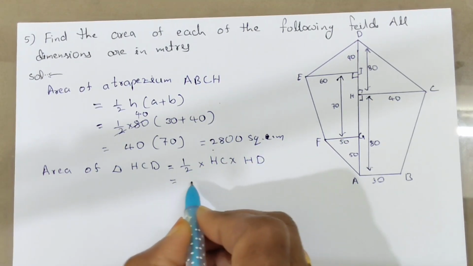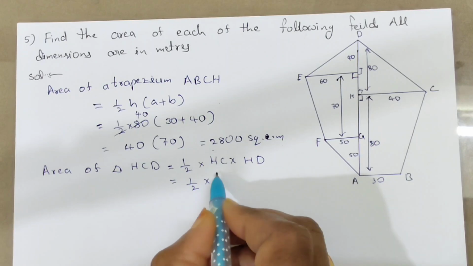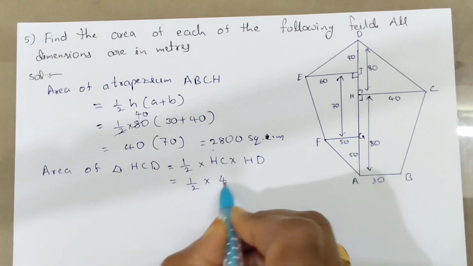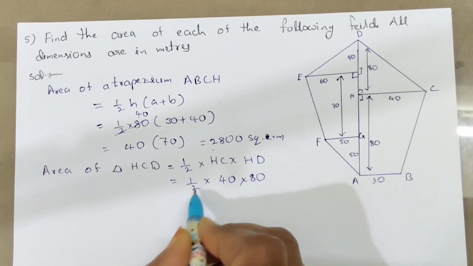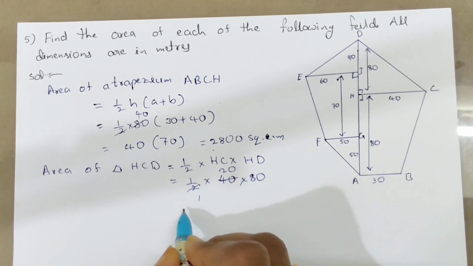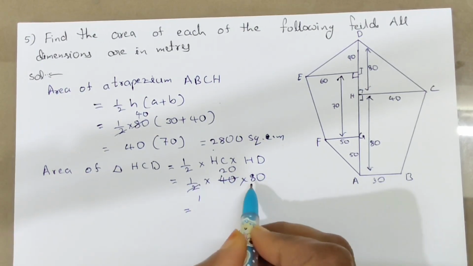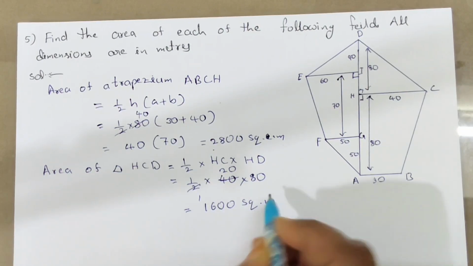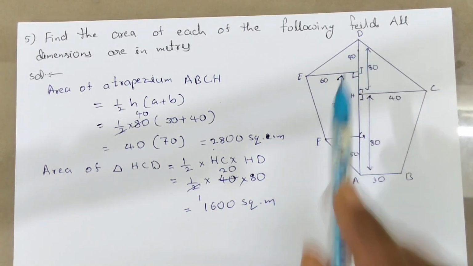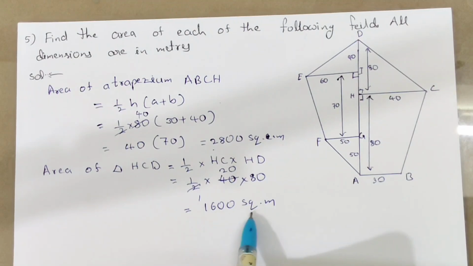Base into height into 1 by 2. HC is 40, HD is 80. So 2 ones are 2, 2 20s are 40, no, 20 into 80 equals 1600 square meters. Area of HCD is equal to 1600 square meters.